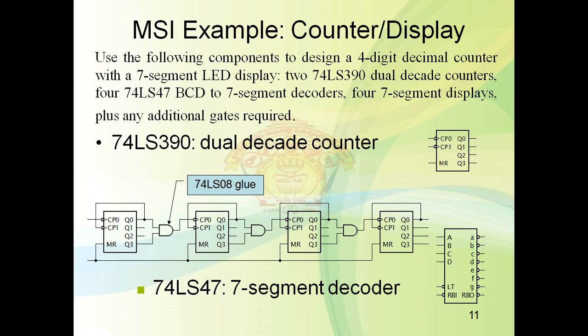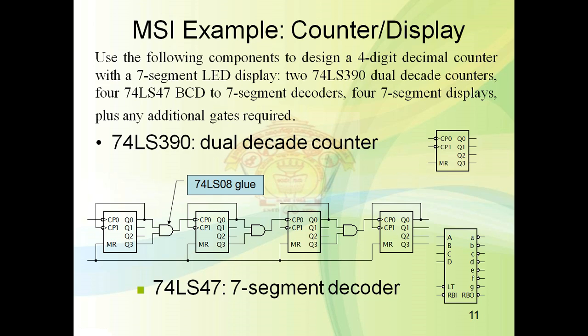When the count is equal to 1001, that is 9, we want to display BCD numbers, and BCD numbers vary from 0000 to 1001, that is 0 to 9.